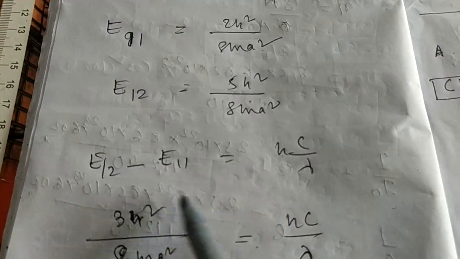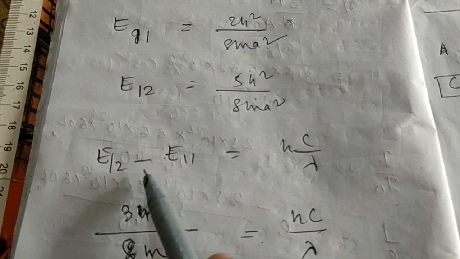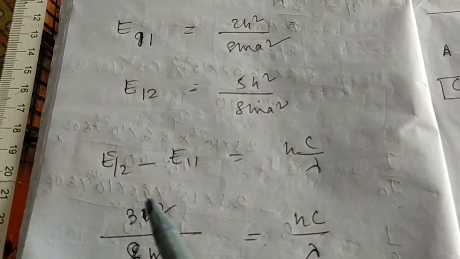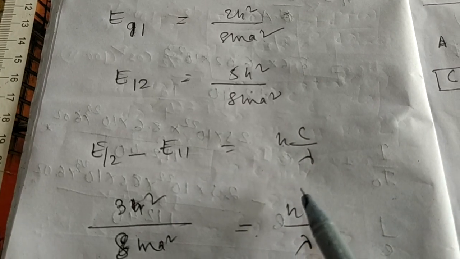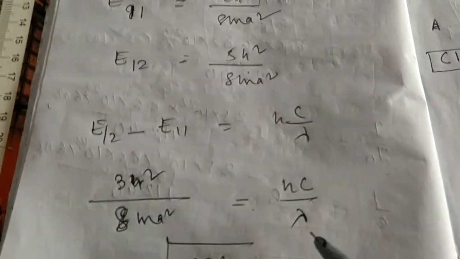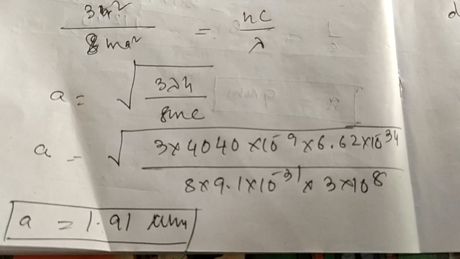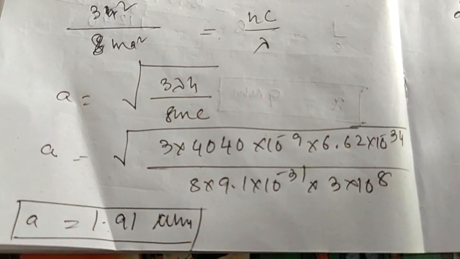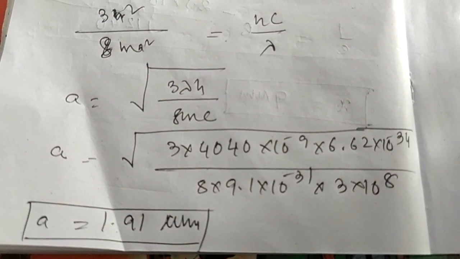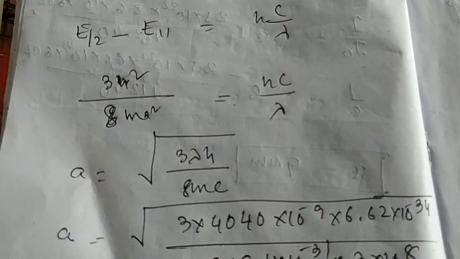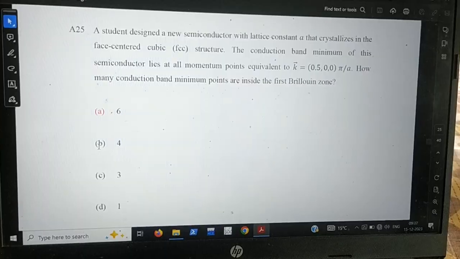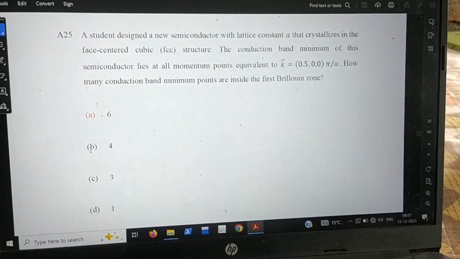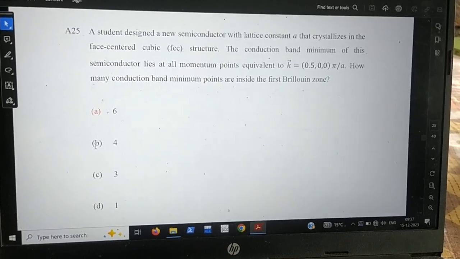And now there is the absorption of electromagnetic radiation, which is this: E equals hc by lambda. By solving this, you will get 1.19 nanometer. Now question number 25. This is easy. The answer is 6.